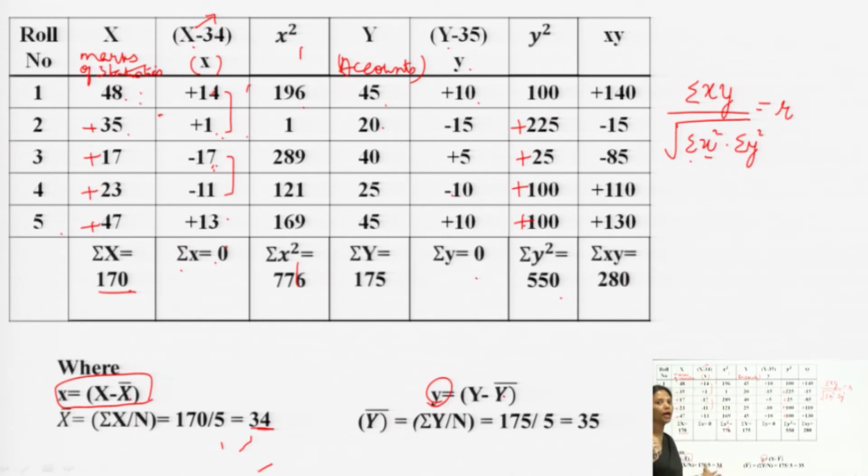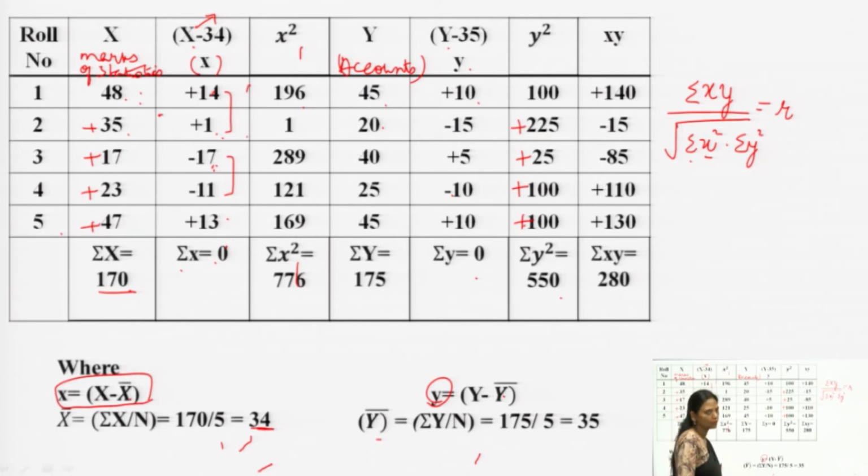In the same manner, I have also found out the value for small y by subtracting the observations of y from y bar. Y bar is nothing but the mean of y, which is obtained by summation of all the values of y divided by the number of observations, that is 175 divided by 5 is equal to 35. So, I have all the values with me, and if I put all the values into my formula here, I will have the answer for my coefficient of correlation.